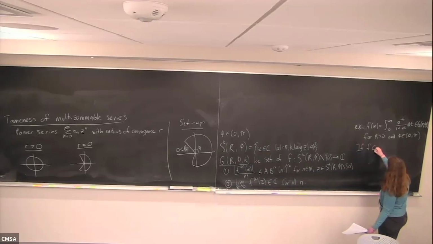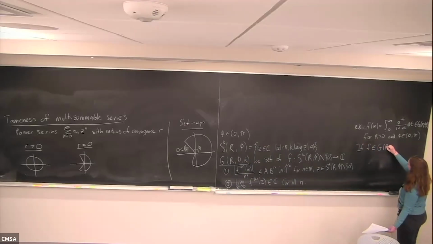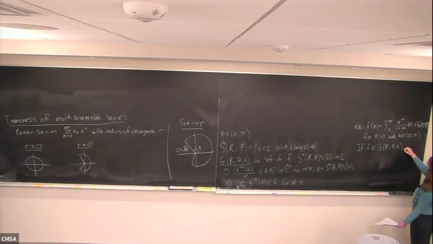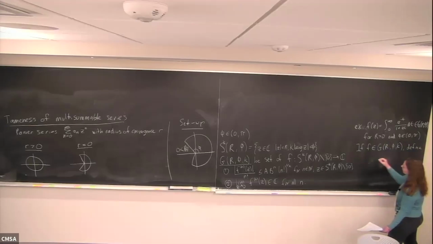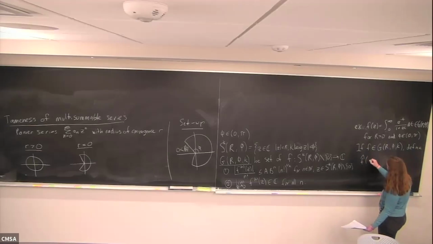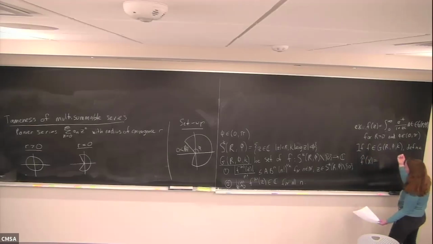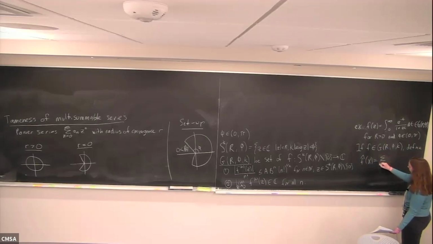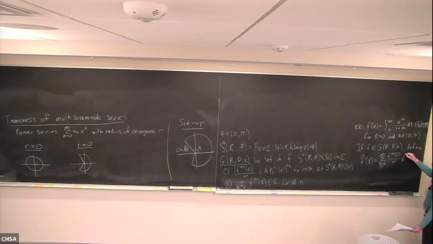If f is in here, we can define a formal Taylor series at 0, which is some complex power series.